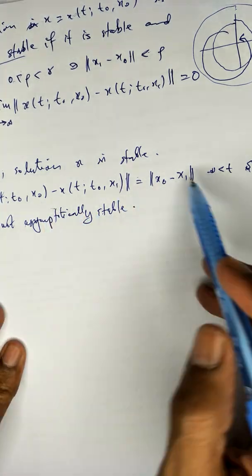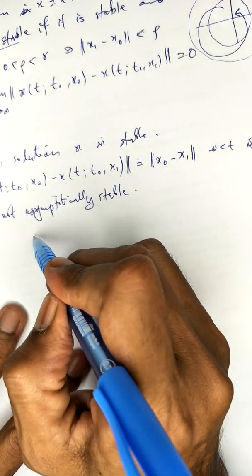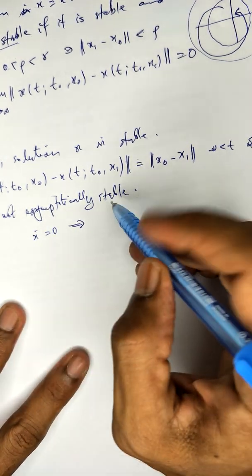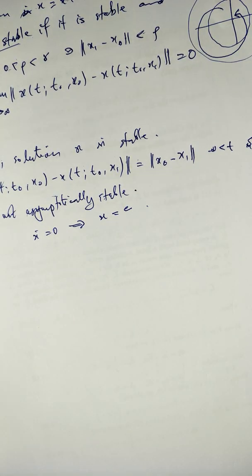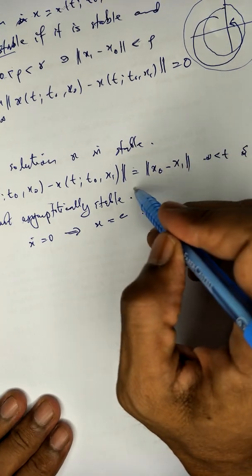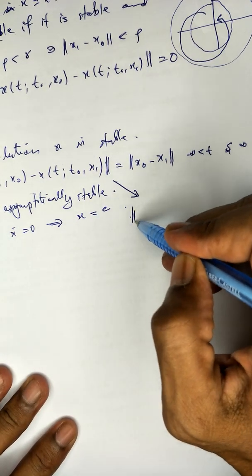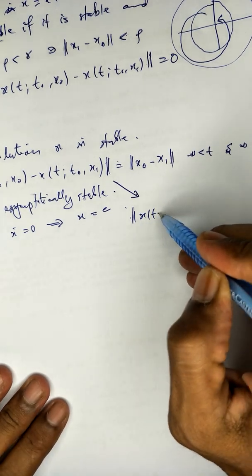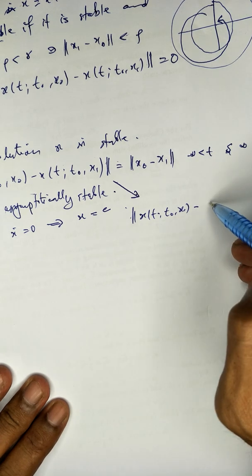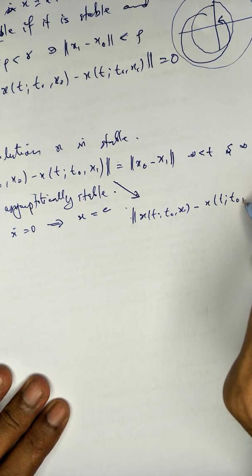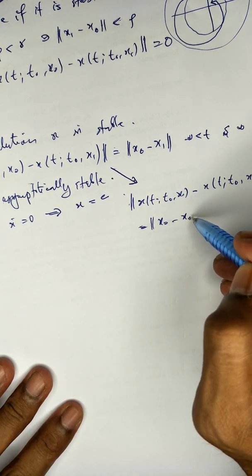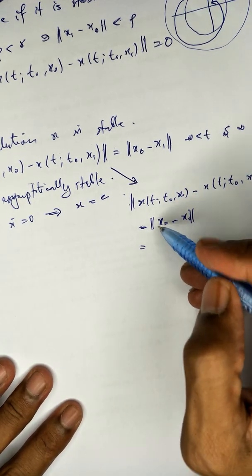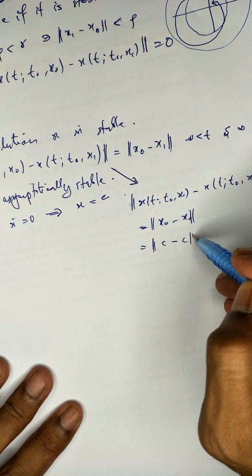Now if you look at this, x dot equal to 0, the solution is just a constant c. You just integrate, and that gives you a constant. So if you plug in, we have x(t, t0, x0) minus x(t, t0, x1), that is x0 minus x1, and the solution gives c minus c, which is 0.